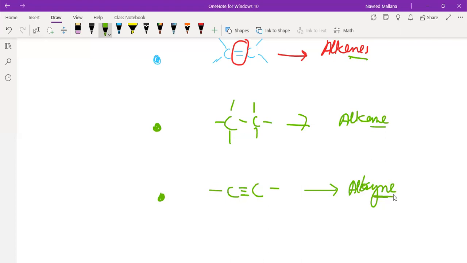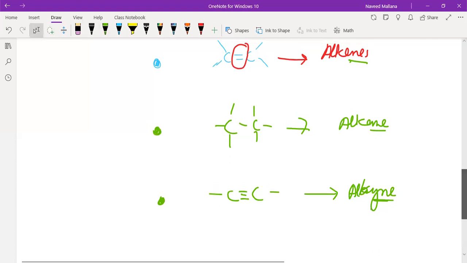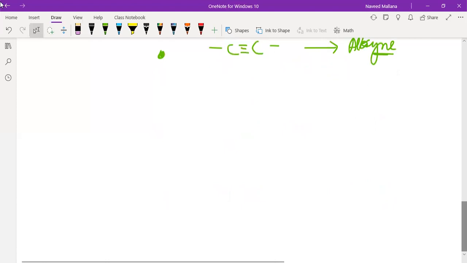These are called alkynes. Our next topic is this new topic, homologous series.